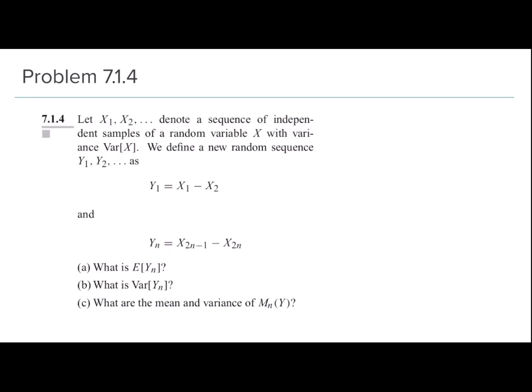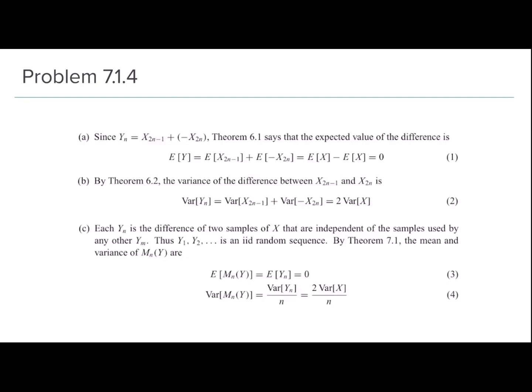So Y1 plus Y2 till Yn divided by n, and we know from the properties of the sample mean that the expected value of Mn of Y will be the same as the expected value of Yn, which will be equal to 0, and the variance of Mn of Y will be equal to the variance of Yn divided by n, and the variance of Yn we found out to be equal to 2 times the variance of X. So basically what we get is that the variance of Mn of Y is equal to 2 times the variance of X divided by n.